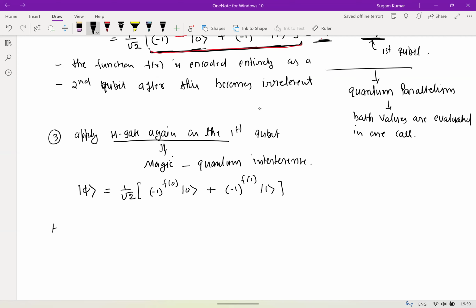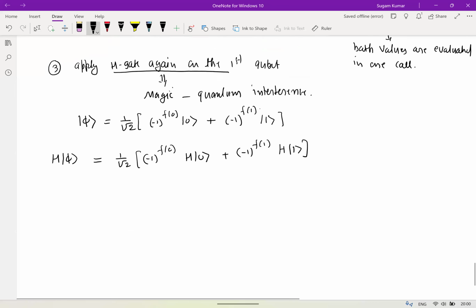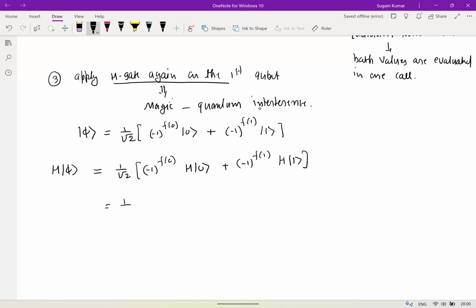Now if I apply H on phi, it becomes 1 by root 2 times (minus 1)^f0, with H applied on 0, plus (minus 1)^f1, with H applied on 1. So again it produces a superposition state.